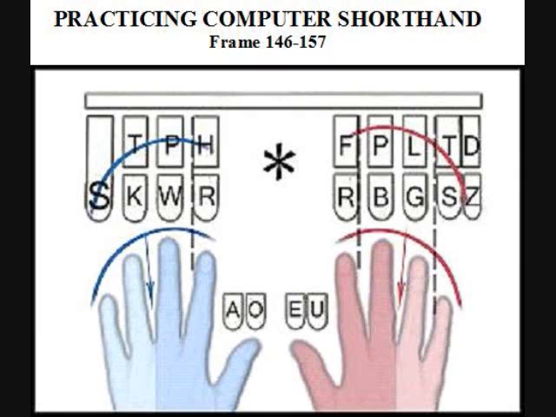So first we have the dash, quotation marks, hyphen, open parentheses, close parentheses, new paragraph.